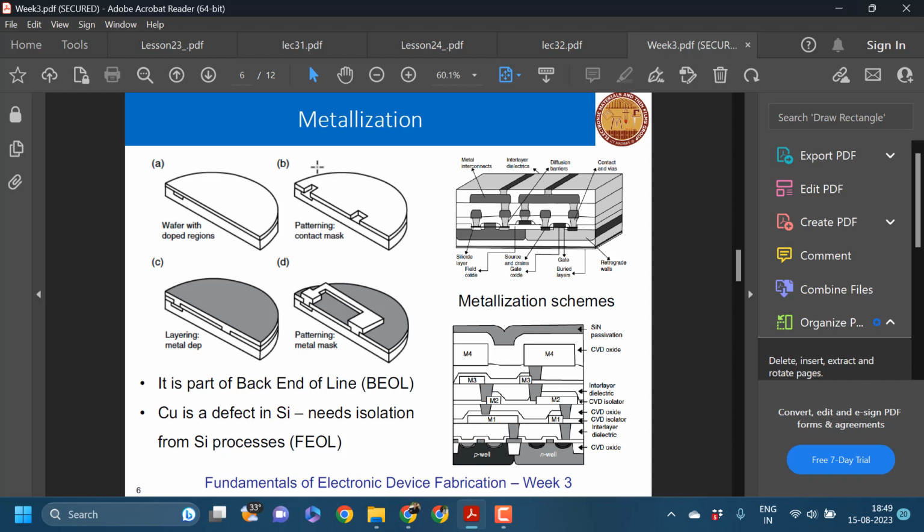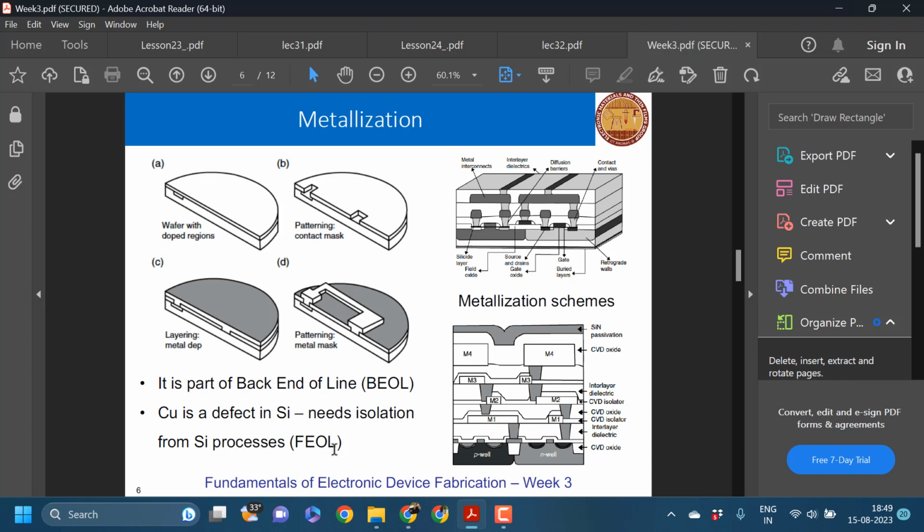So as the name suggests, basically we are depositing metal layers onto the surface of our wafer or in between our layers. Integrated circuit fabrication will be divided into two parts, FEOL and BEOL. FEOL means front end of the line.